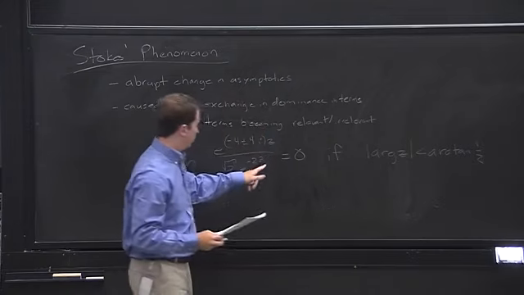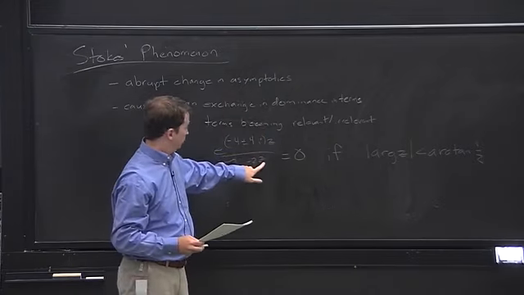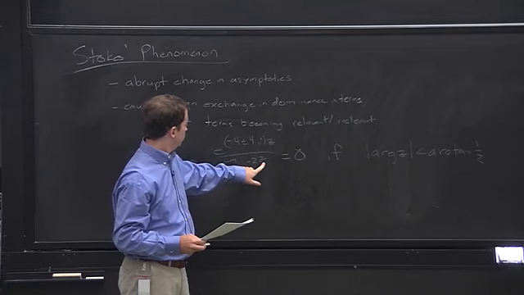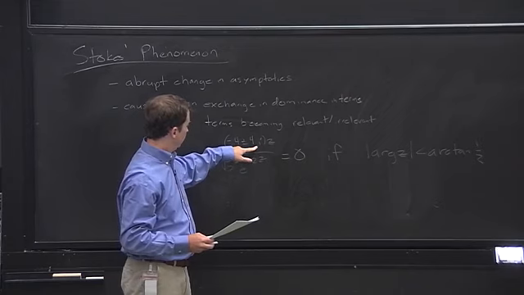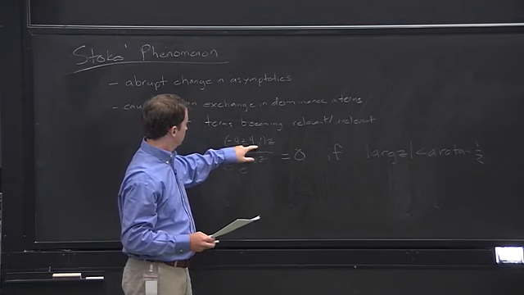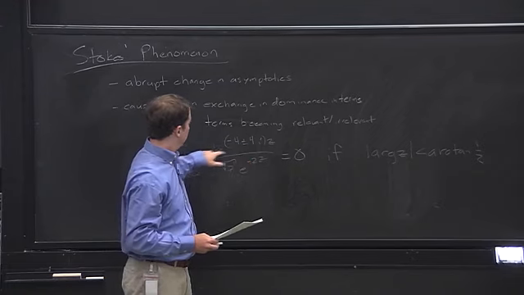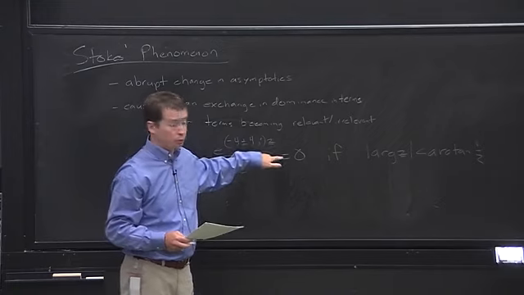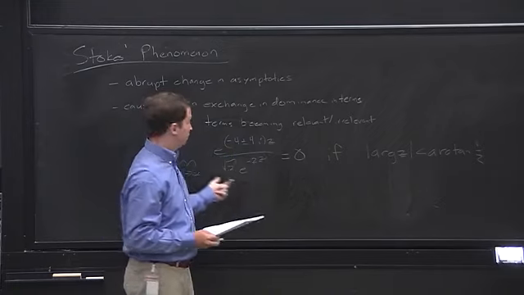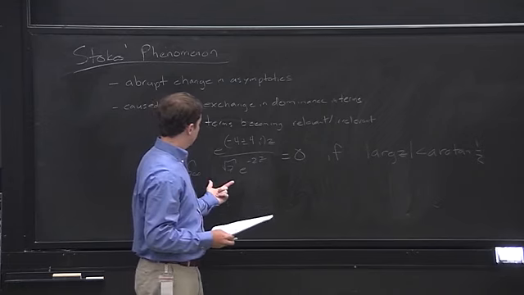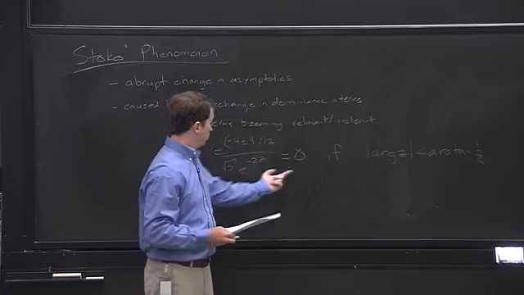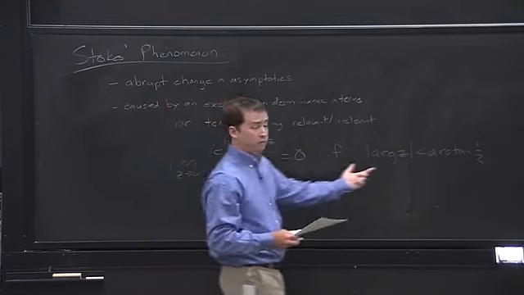So if z has a phase, then this e to the 4iz part can be important in the limit z goes to infinity. Whether or not this goes to 0 depends on the phase of z.